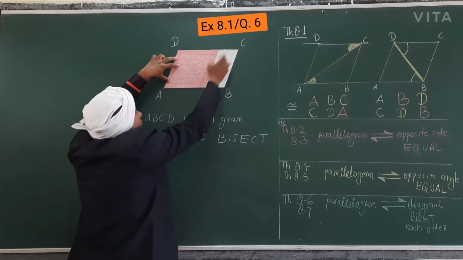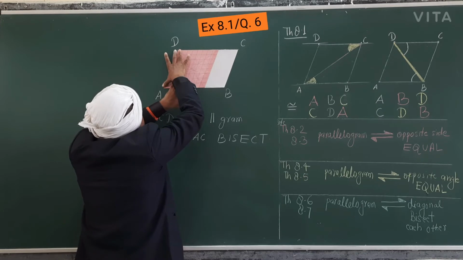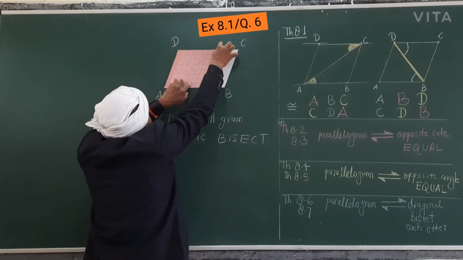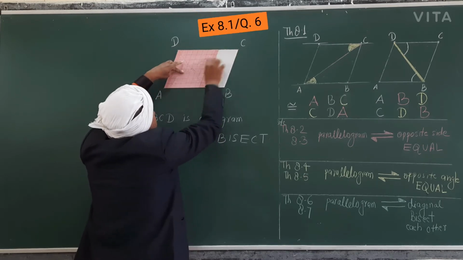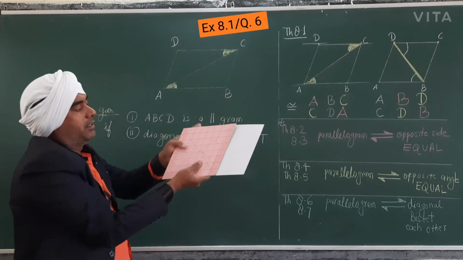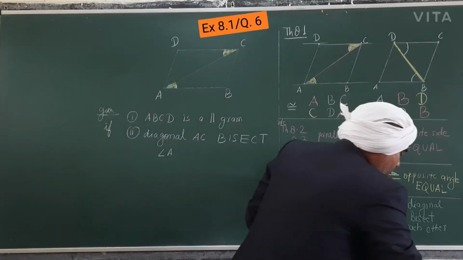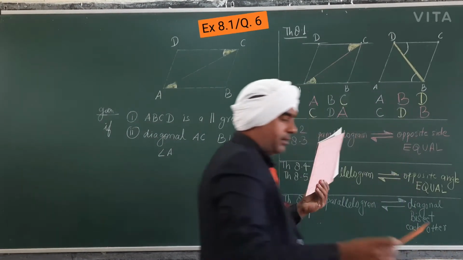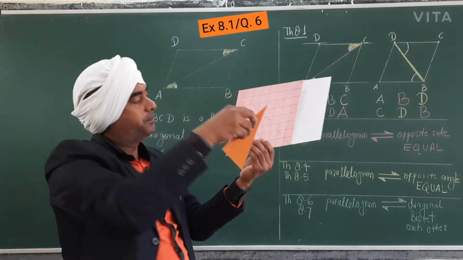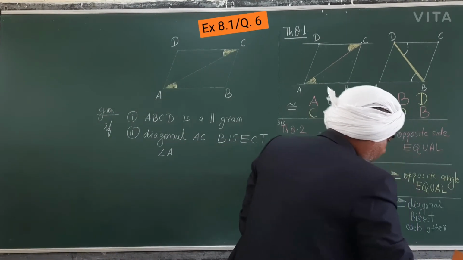If the lengths are equal, this length equal to this, if C is here, the angles will be equal. Okay, these angles will be equal. For this, not only equals, I have shown this one. Yes, angles will be equal.